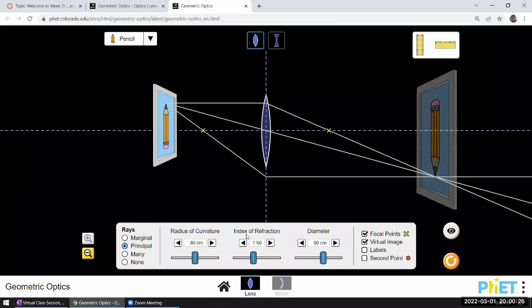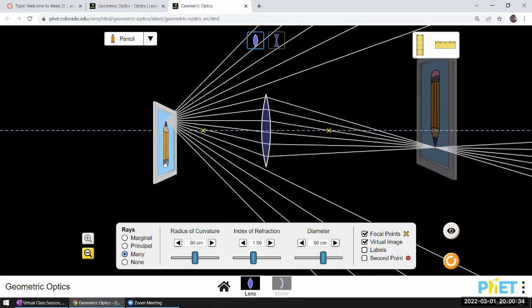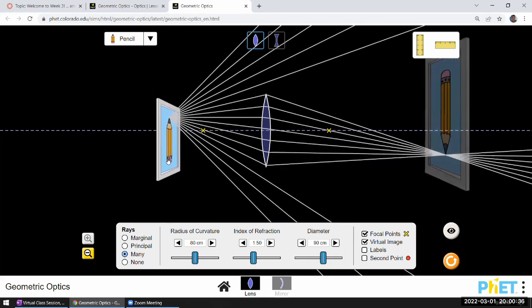And here, what I will say is the most physically correct view is actually this one, the many rays picture. And this is really useful when you're drawing a ray diagram for the virtual object. I think you see me do that in one of the lectures.